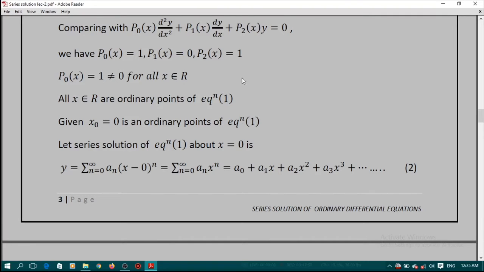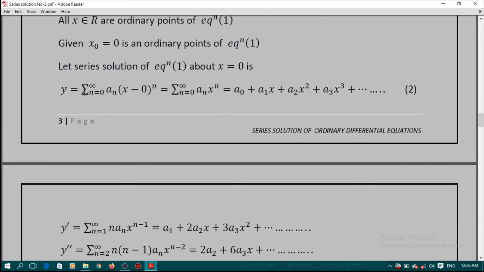So we need to find the solution at an ordinary point. That means we can apply the power series method. So the series solution of equation 1 about x = 0 is y = summation n running from 0 to infinity an (x − 0)^n, that equals summation n running from 0 to infinity an x^n.